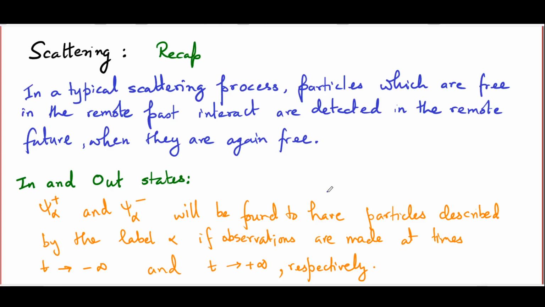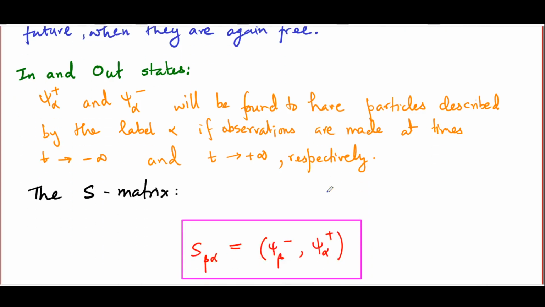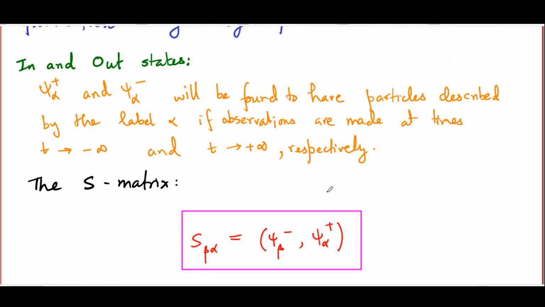And the probability amplitude for doing that plays a central role in this theory and is called the S-matrix element. The beta alpha element of the S-matrix is given by the overlap between the states psi beta minus and psi alpha plus. Of course, the modular square of this quantity is the probability that a bunch of particles prepared in the state psi alpha plus will also be observed to be in the state psi beta minus.